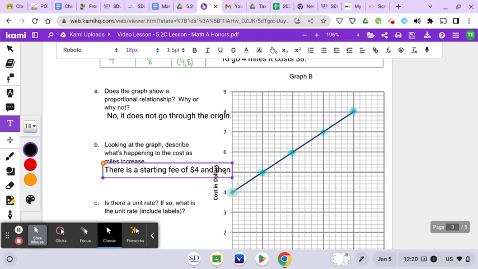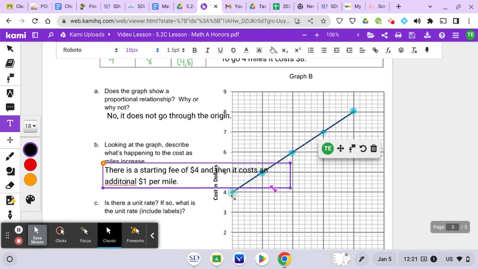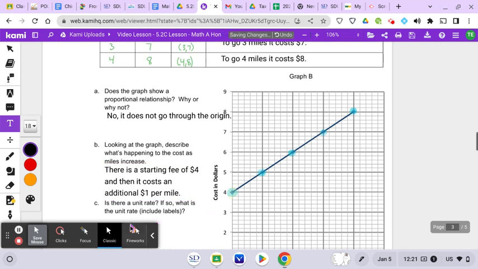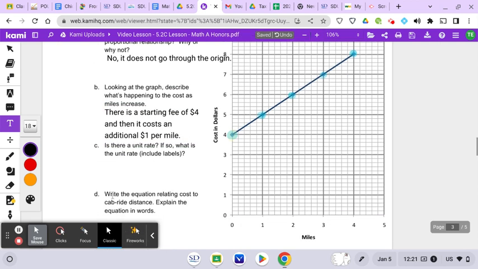And then it costs an additional $1 per mile. So there is a rate. It's just not a unit rate. It's not a unit rate because it doesn't start at 0, 0. Is there a unit rate? No, it's not proportional.